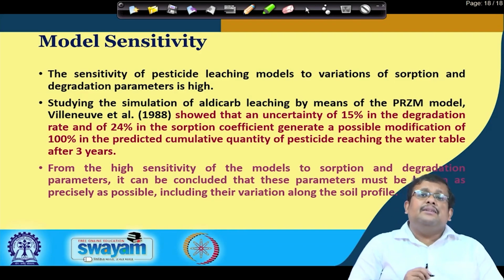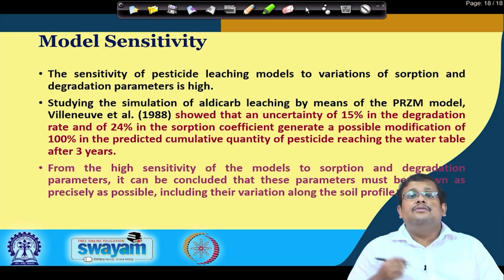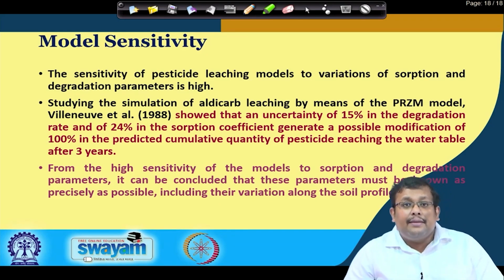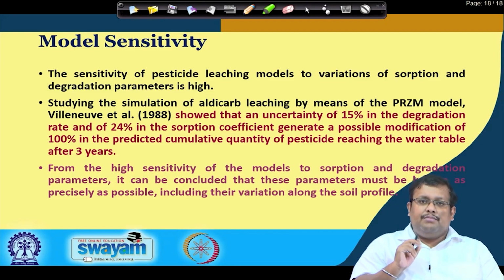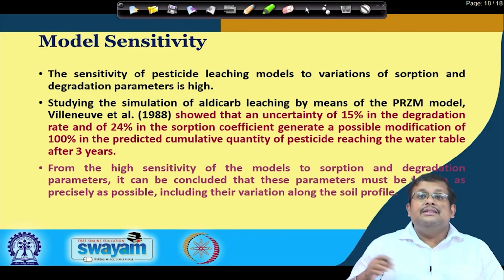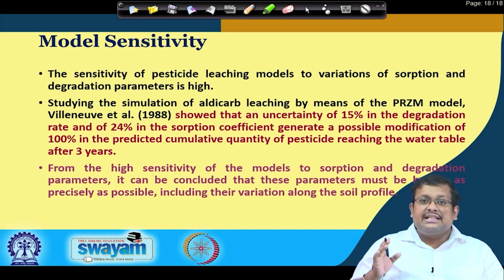Now, the sensitivity of pesticide leaching models to variation of sorption and degradation parameters is generally very high. Just as an example, studying the simulation of aldicarb, which is an important pesticide, leaching by means of the PRZM model, which you have already discussed.